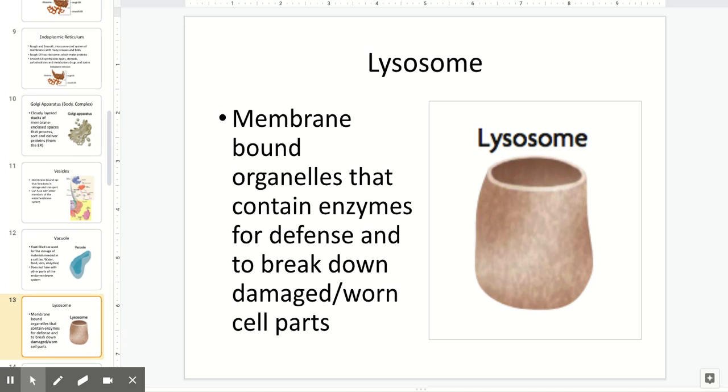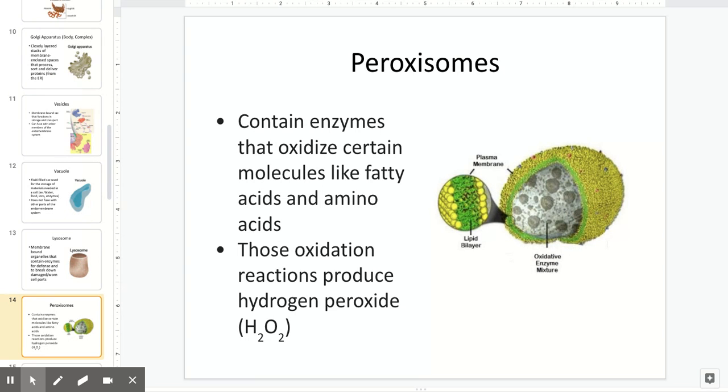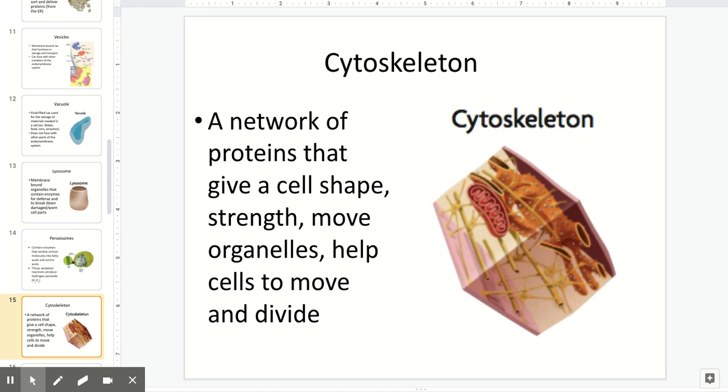If there's an old organelle that's not working right anymore, it's going to break down those cell parts. And peroxisomes act similarly, except they use a special reaction involving hydrogen peroxide. I'm not going to make you know that, but you might see it on something. So I wanted you to at least be exposed to the term.